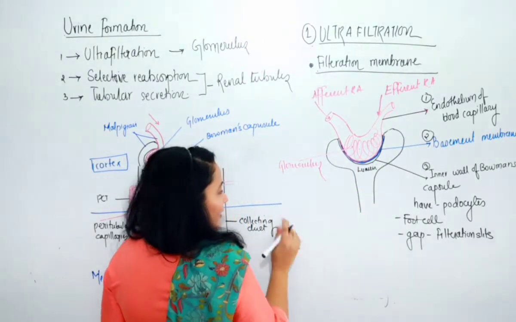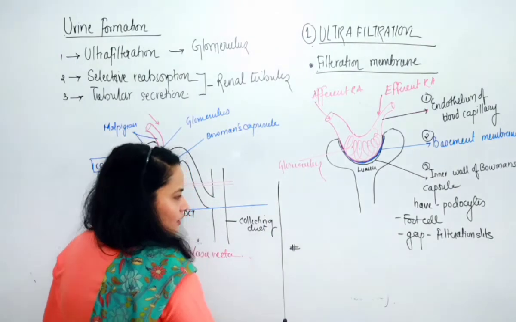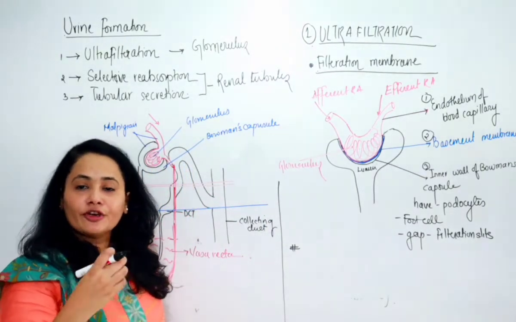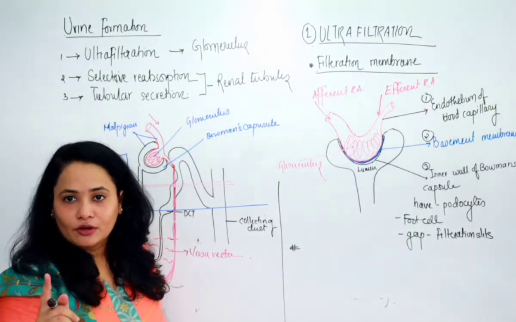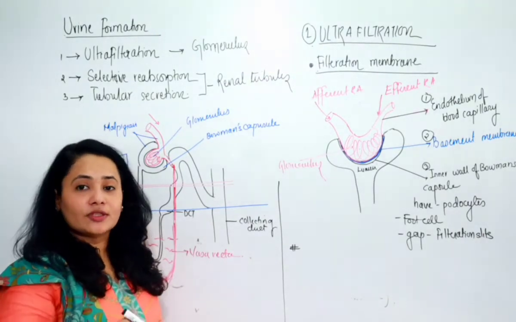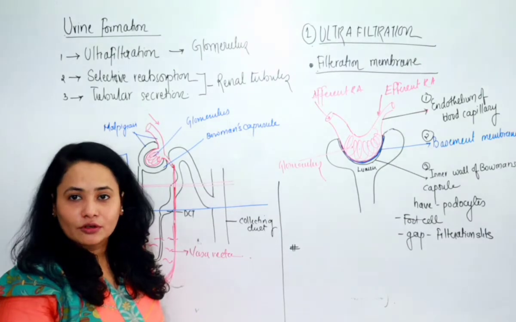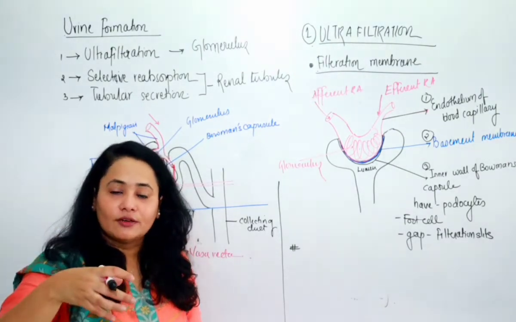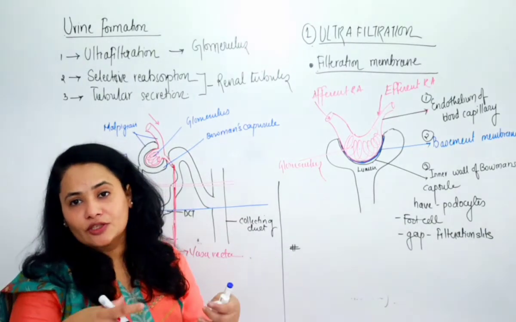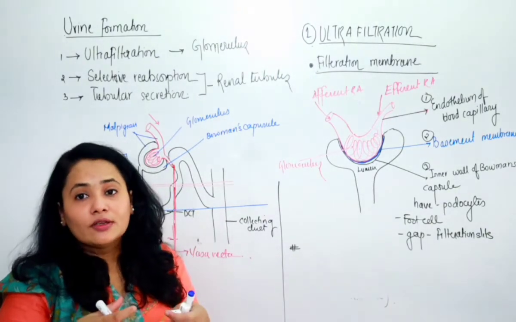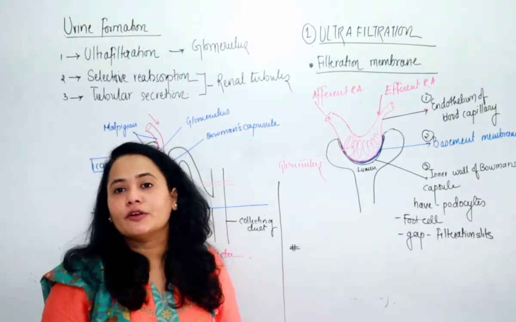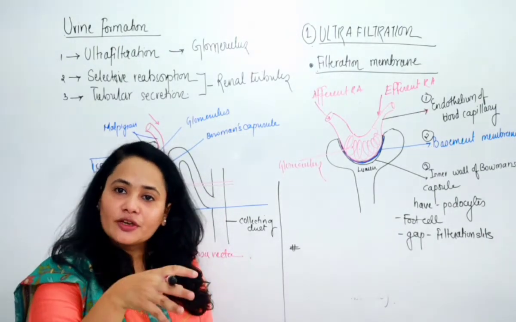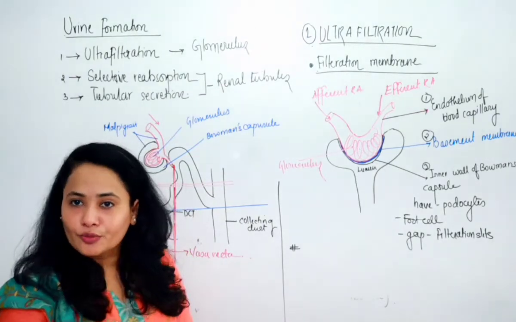Now, why is there a difference between the afferent and efferent renal arteriole diameter, which is helping out for the filtration? Because we know that if something is broad, the flow would be easy. If something is narrow, the flow would be restricted, because there is a difference of pressure gradient. So that is ultimately creating a pressure gradient which helps in the filtration process.